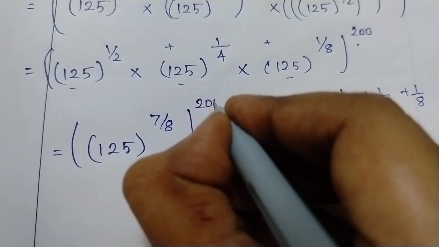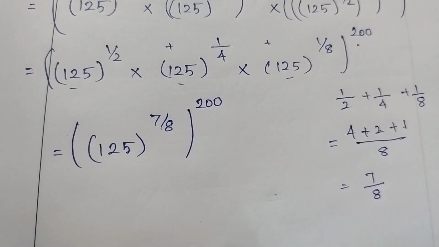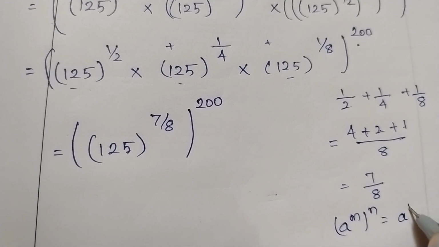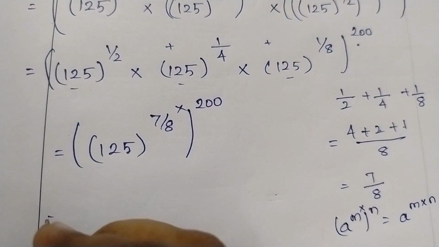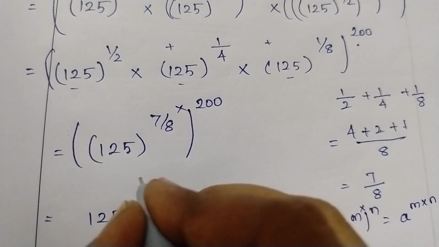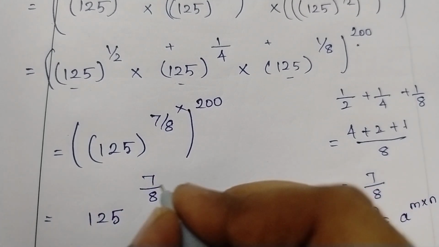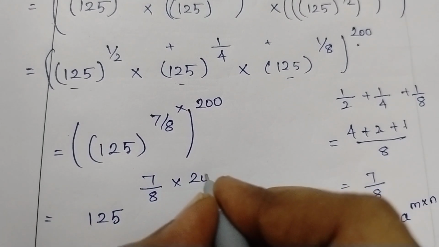200. Okay, so this is in the format of a power m the whole power n, which can also be written as a power m into n, which means we can multiply these two. Similarly we need to multiply these two also. So therefore 125 to the power of 7 by 8 into 200.